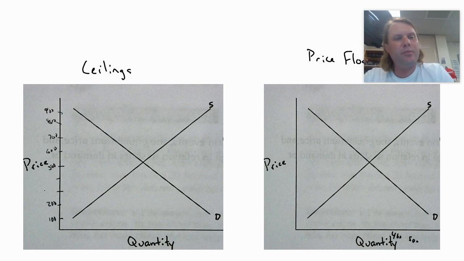The best example of a price ceiling is in New York City. And New York City obviously has an extremely large population. That high population causes people to really want and be willing to pay a very high amount for housing. It's very expensive to live there.